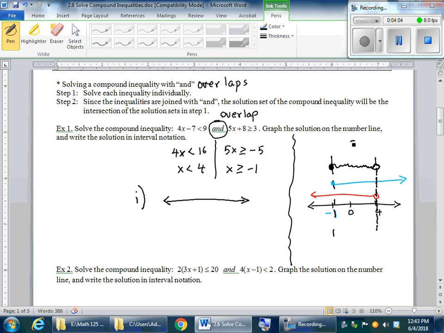Remember, this is just your side work, so you cannot use this as your solution for graphing.